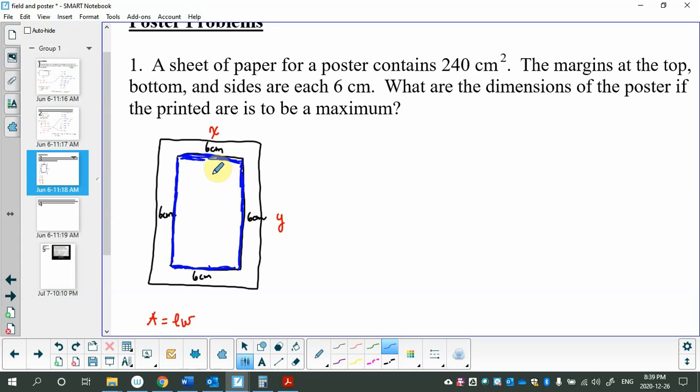So I need to know this dimension, which is no longer X, and this dimension, which is no longer Y. So this used to be X, but it's 6 centimeters in this side and 6 centimeters in this side, so it's X minus 12 centimeters.